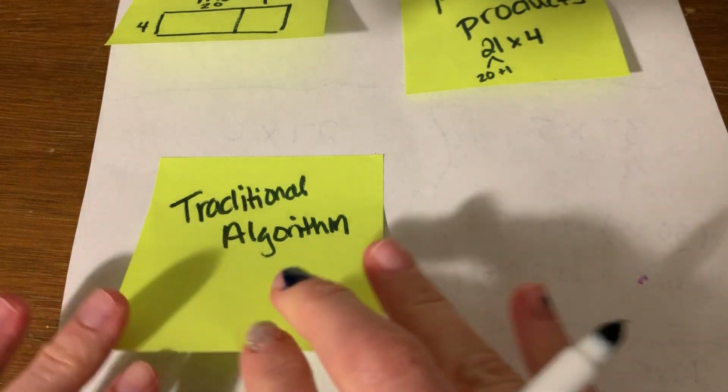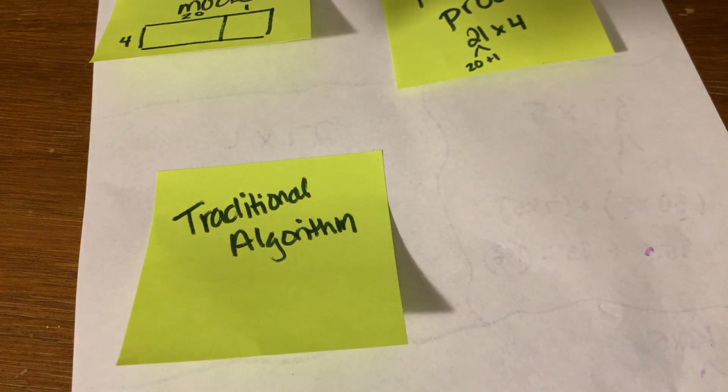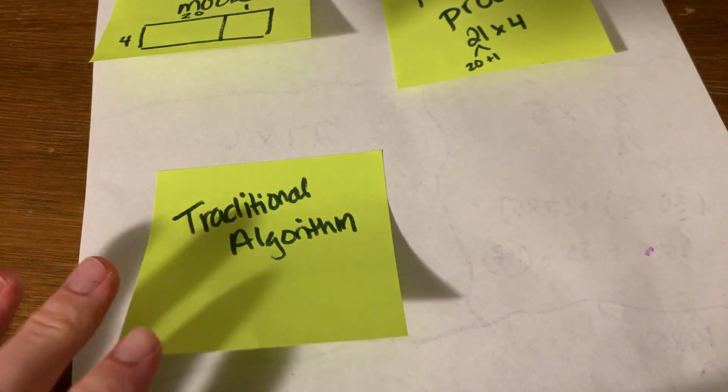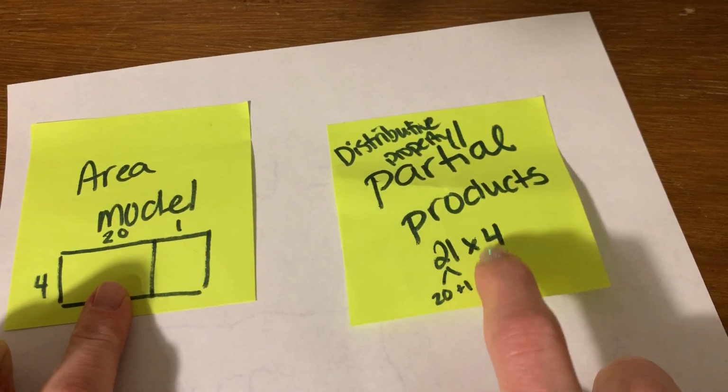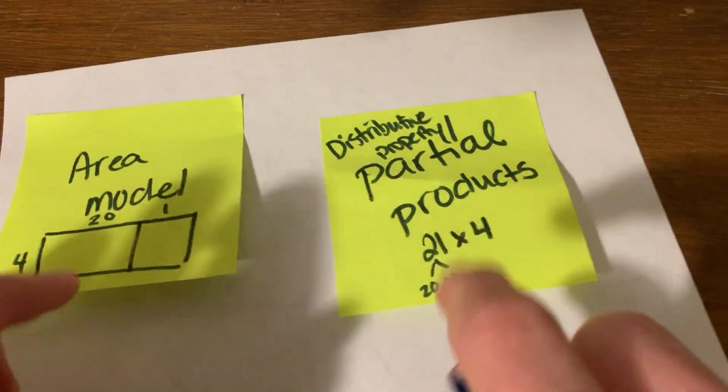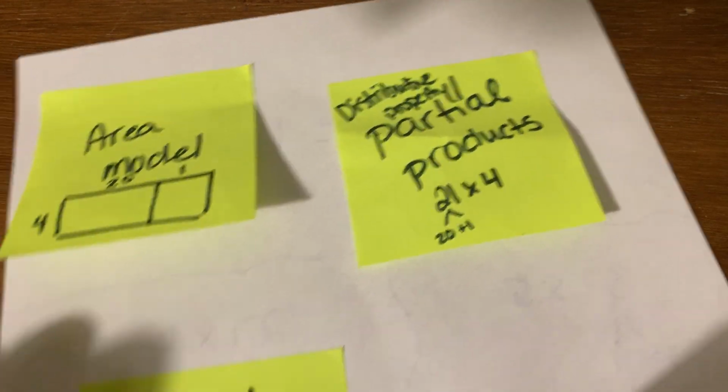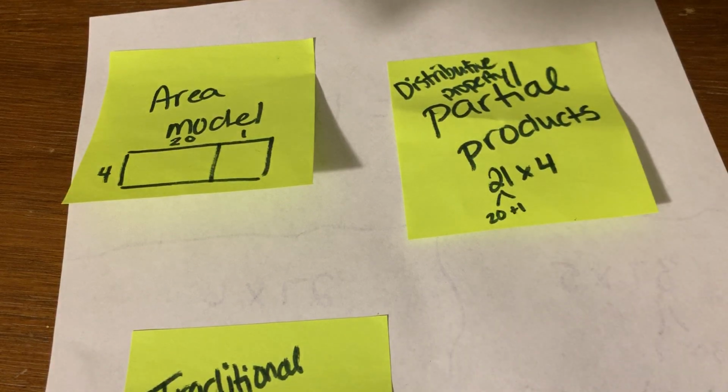So the traditional algorithm is kind of like the way that you would use once you're understanding what we're actually doing. These are very conceptual, meaning they really explain to you how we're multiplying. They break it down with the place values. You're putting your numbers in expanded form.